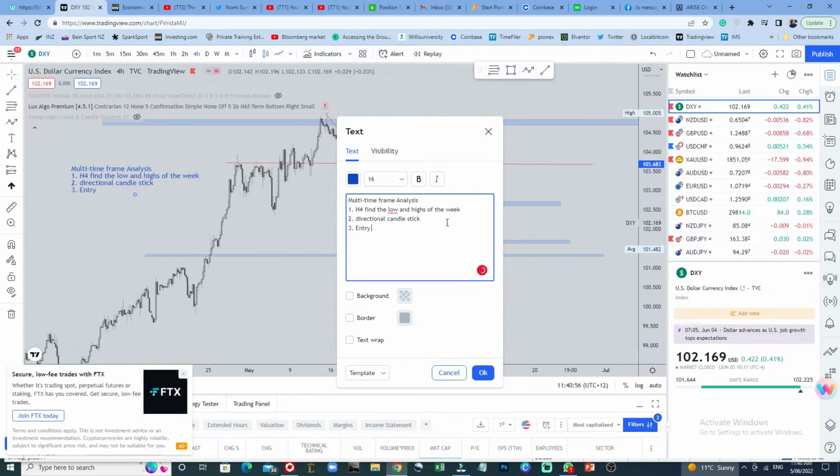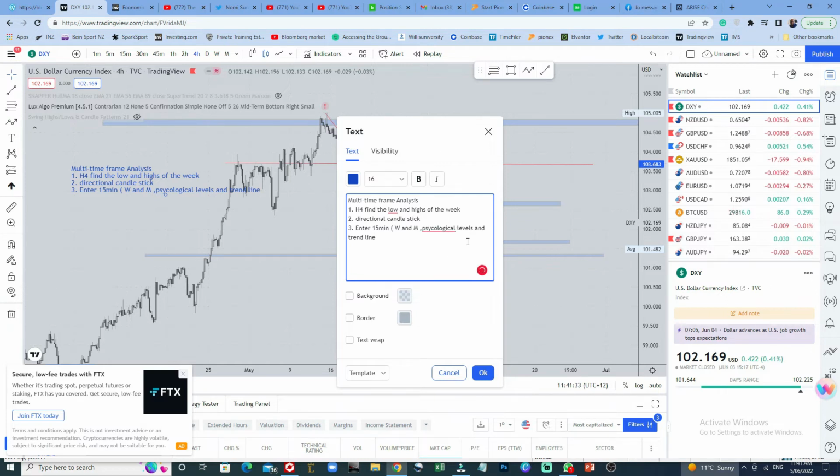Entry is on the 15 minutes time frame. Our entry is based on the fact that we must find W's and double bottoms and double tops, psychological levels, and trend lines.